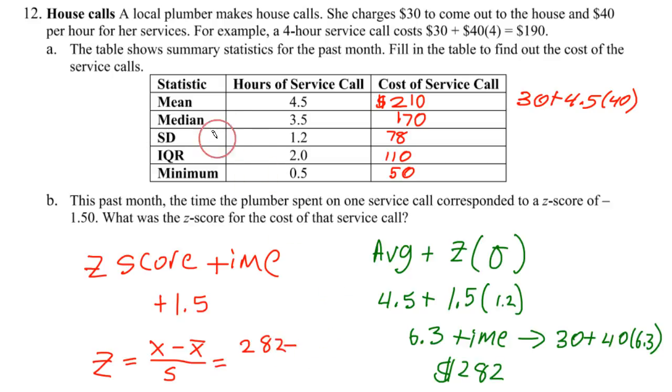The average cost, so I come up here and I say the average cost is $210. And the standard deviation of cost is 78. So now I just figure out what these calculations are. So 282 minus 210, hit equal on my calculator, and then divide that by 78. I get a z-score of about 0.92.